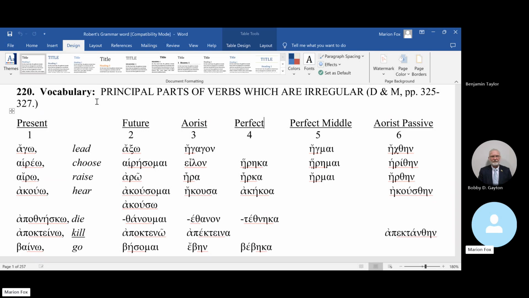Okay, we have the present. There's your present tense. And there'll be first person, singular, present, indicative, active forms. That'll be the standard that they use. And right over here, we have the future. That'll be the future indicative, active, first person, singular. Right?